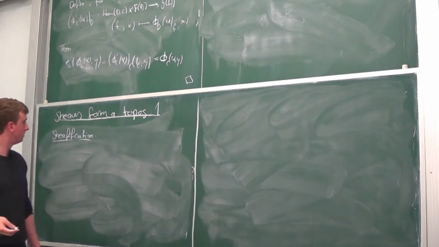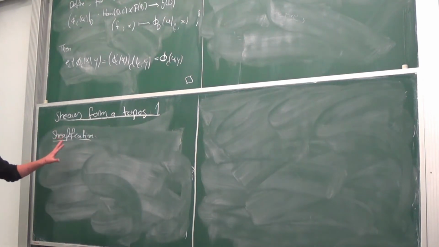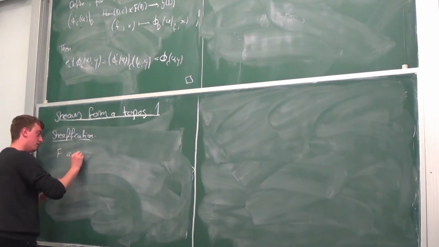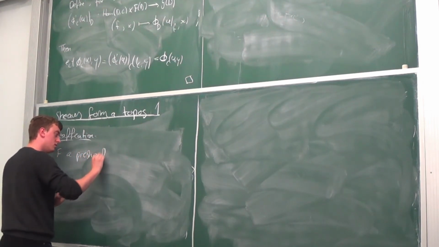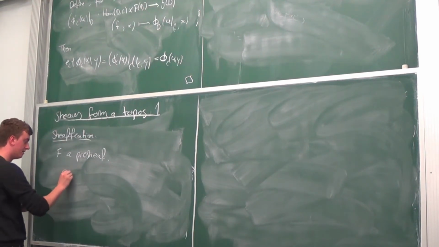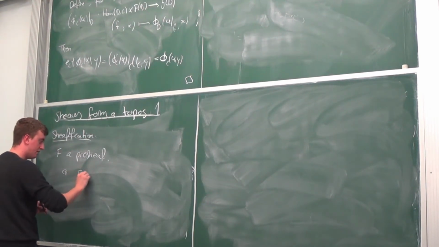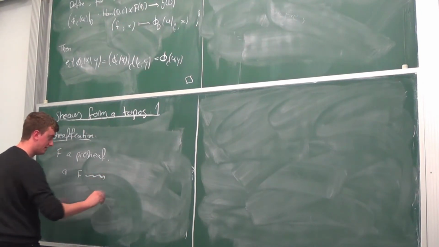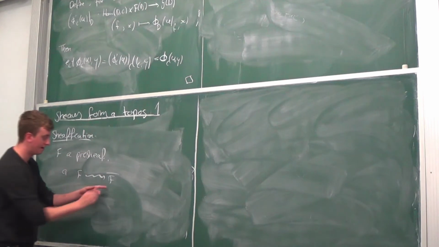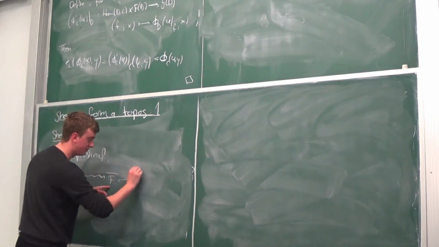Okay, so what do we want from some sort of sheafification process? We want to take a presheaf F, and we want some sort of functor A that's going to take F to F with a hat, and this had better be a sheaf.